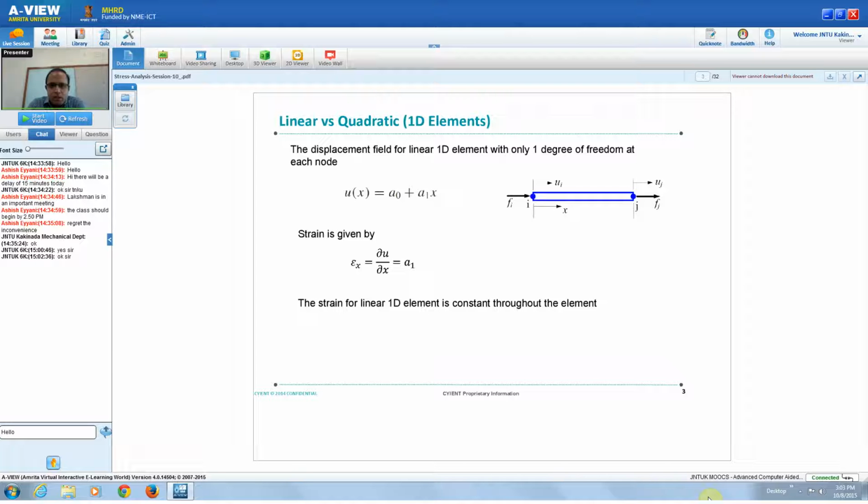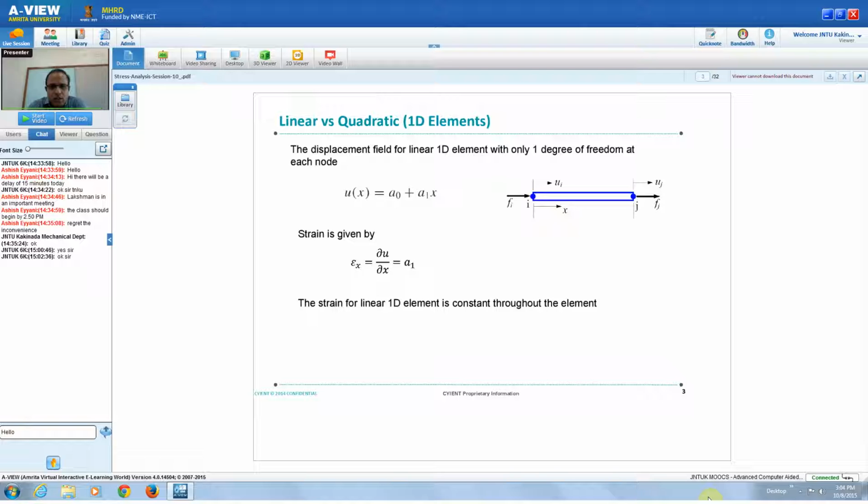In 1D elements, let us take 1 degree of freedom per node. That will contain a displacement function like a0 plus a1 x. So it's a complete linear function.